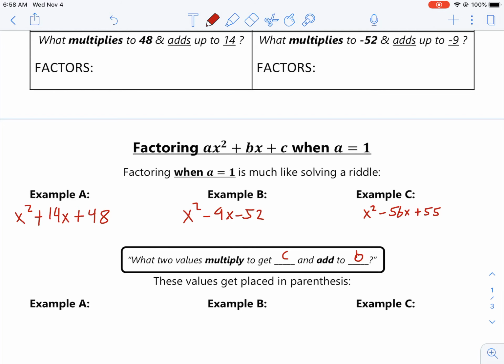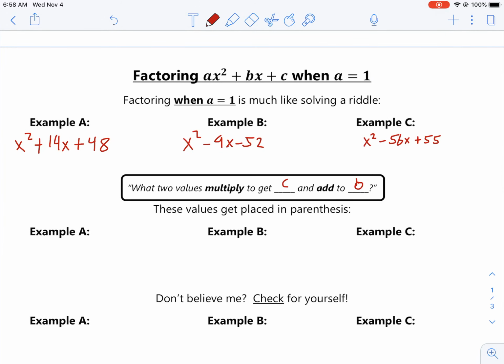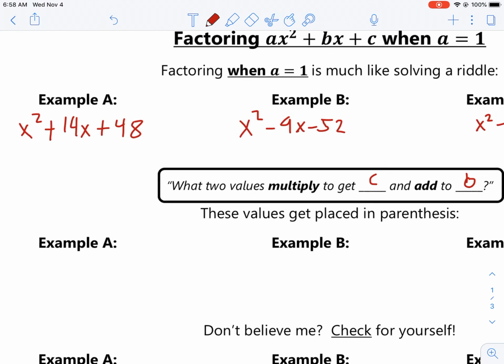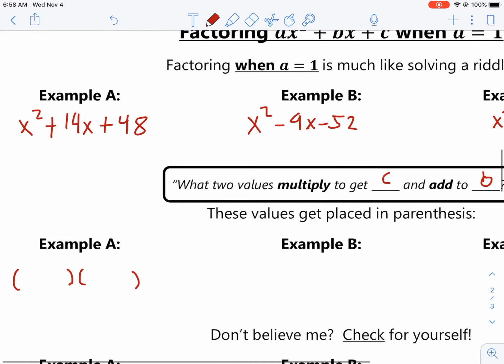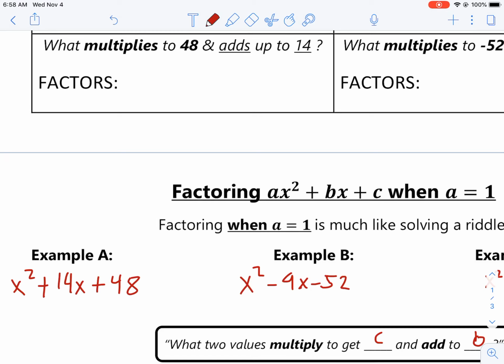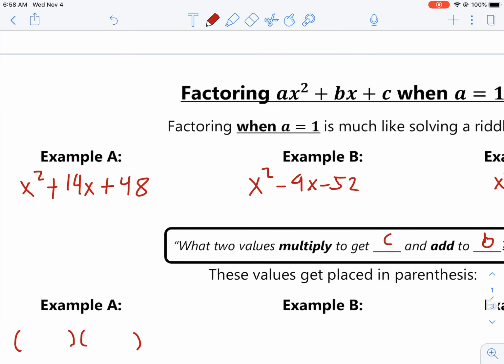Okay, so what you've got going on here is that you solve this riddle, all right? What multiplies to get C and adds to get B, and what you're going to do is put those numbers in parentheses. So if you remember, this is called factored form, right? And so what multiplies to make 48 and adds to make 14? 9 and 5, no. 8 and 6, yes, 8 and 6, all right?